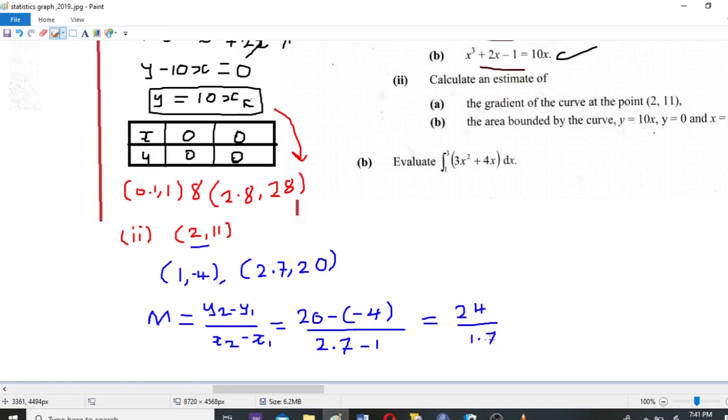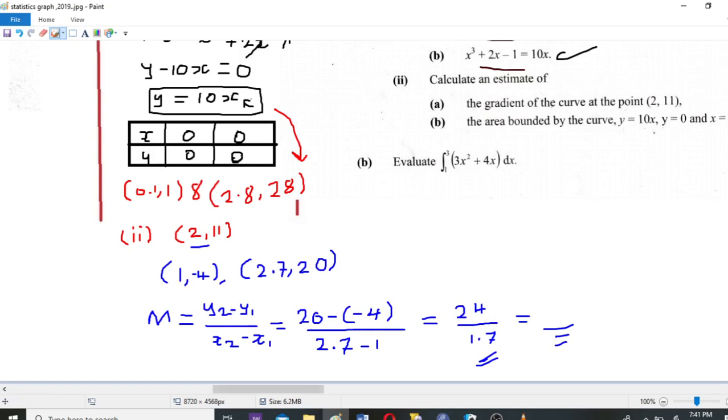Okay, so you can use your calculator and find the final value there, and that will be your gradient. So you can just use a calculator and finish up there. This is showing us how slanting the line is at this point, that is 2, 11.